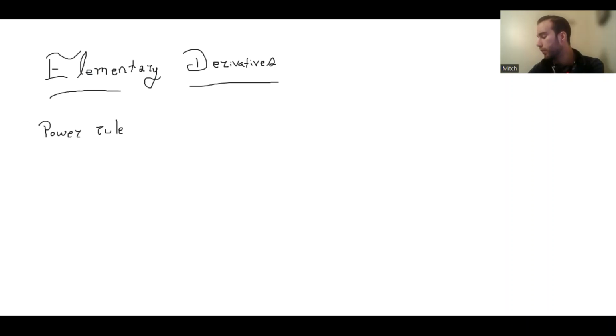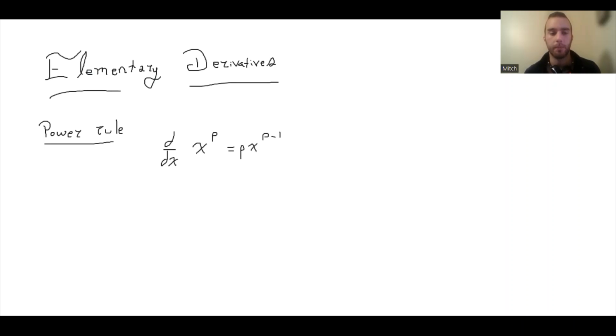That way we don't need to use the long definition of the derivative. When we take d by dx, the derivative with respect to x of x to some power p, this is going to equal p times x to the p minus 1.